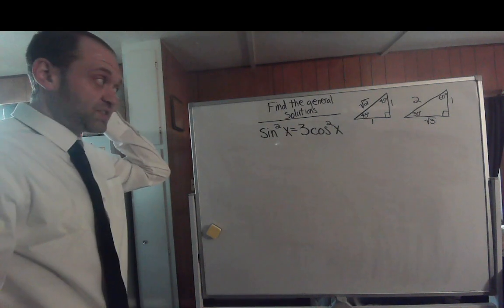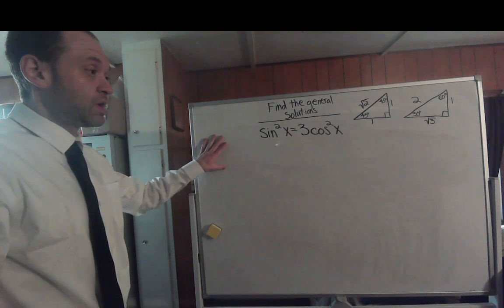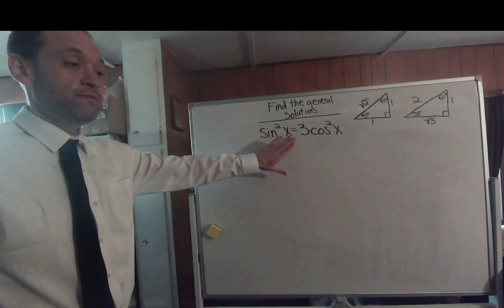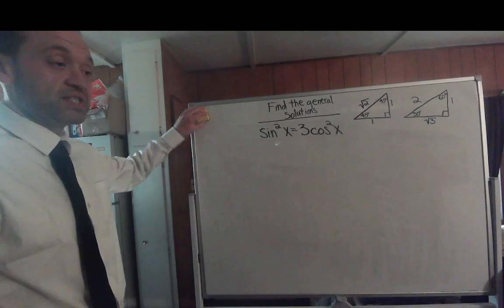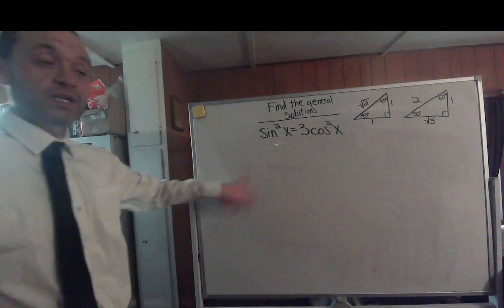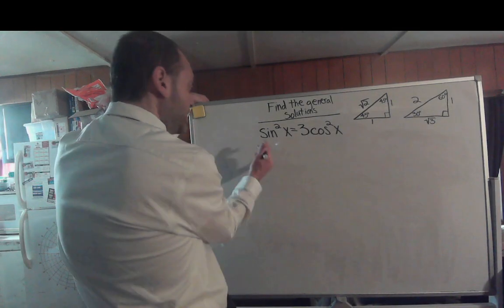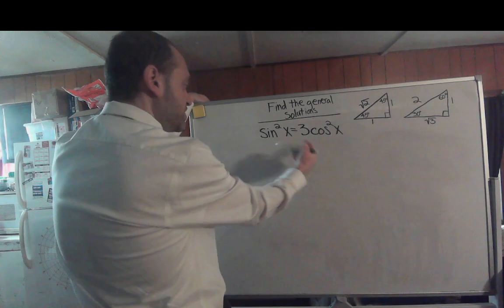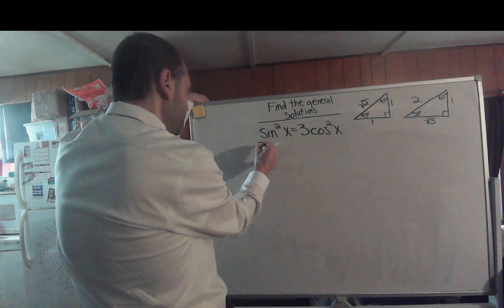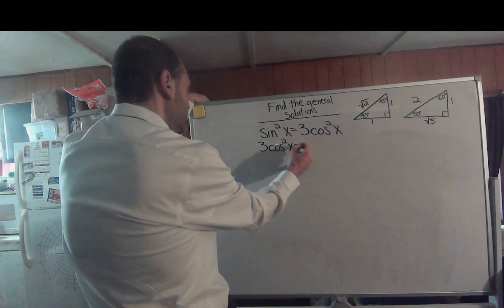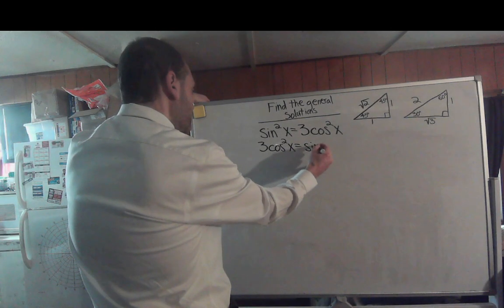So all of a sudden, we have more than one function. This is really where the business of extraneous solutions is going to come into play. So I'm going to switch these sides around. There's a reason for that. So 3 times the cosine squared of x equals the sine squared of x.